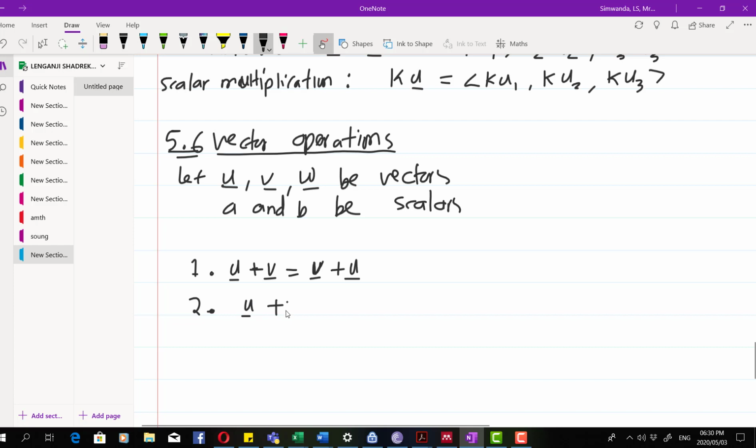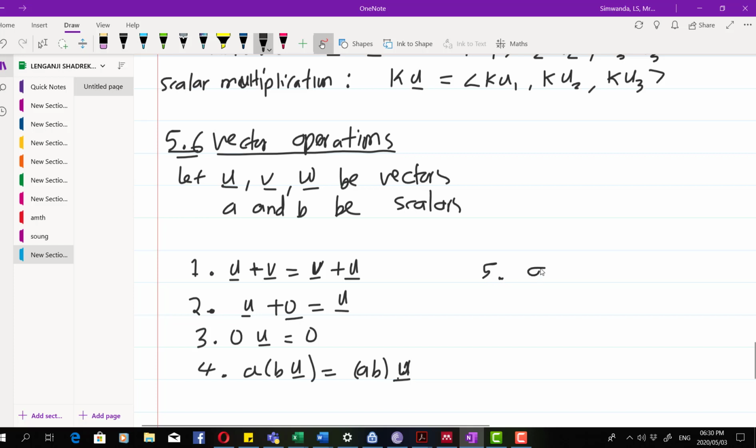Then also, any vector plus the zero vector, you get that same vector. Zero as a scalar multiplied by any vector, you get the zero vector. Then some scalar quantity multiplied by a scalar quantity multiplied by a vector, there's that associative property, so you can begin by multiplying the scalars first, then multiply the vector.